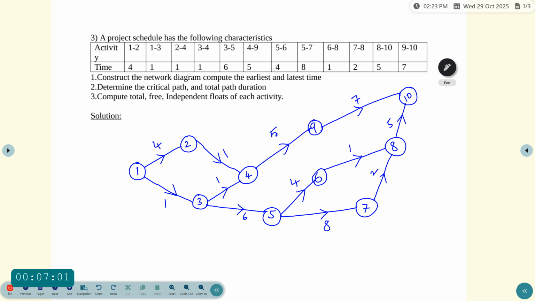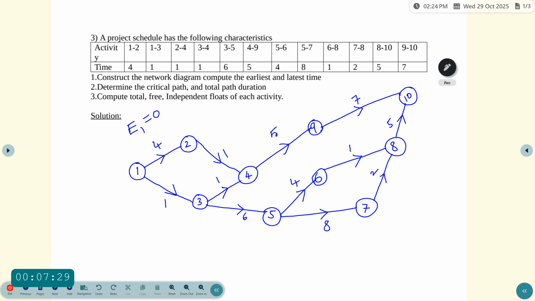Next we have to find the earliest time. For the earliest time, you denote it with capital letter E, starting with the first event. E1, the starting time of every network, is equal to 0.